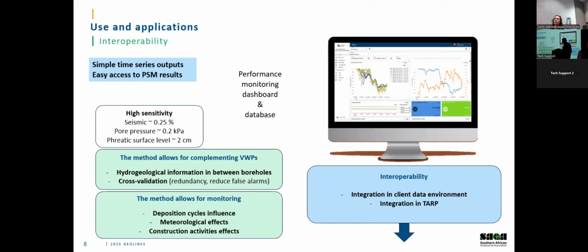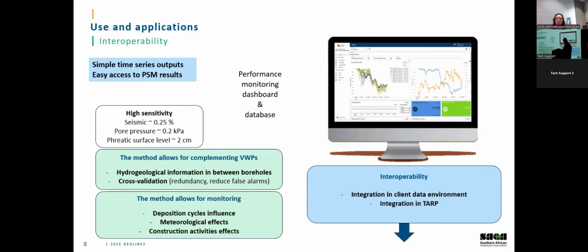So one of the advantages is the interoperability, because really it's a simple time series. We generate the models, we do inversions, but the underlying raw data are these time series of velocity change, which are pretty easy to push into any dashboard database environment. This is a real case that's demonstrated here, where we have our curves against VWP pressure curves.